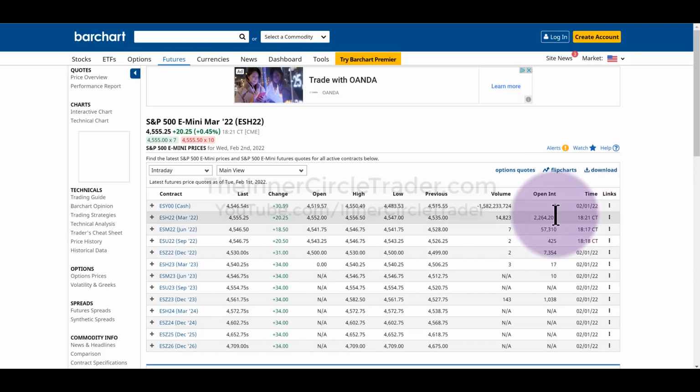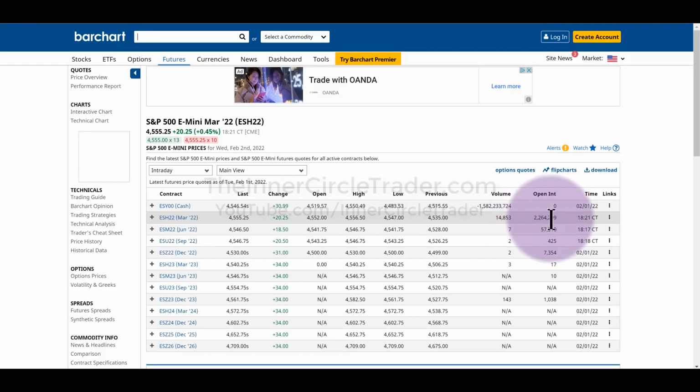But usually around the first or second day of the week prior to expiration, I start monitoring open interest. And I want to be in the month that has the larger open interest number. Notice that the June contract only has 57,310 contracts of open interest. Right now, the front month or nearby contract of March 2022 has open interest of 2.2 million.